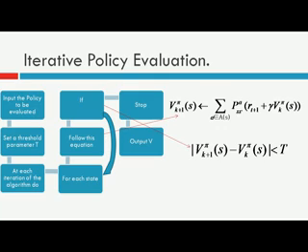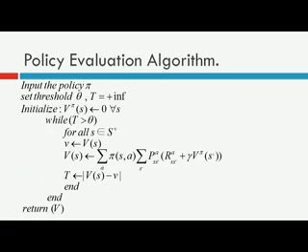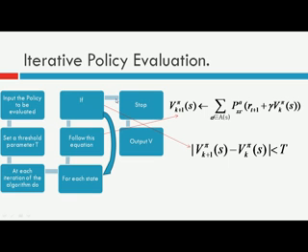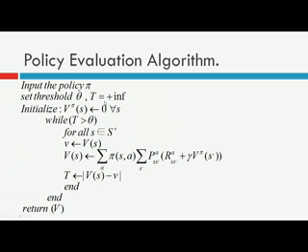And then you take the value function, that is the output, the final value function from this algorithm, and this now is your state value function. So this is a mathematical representation of this policy evaluation algorithm. You input a policy pi, you set a threshold parameter theta, you choose this parameter delta, which is infinite initially, or you can say it is a very large value, and now you initialize v pi.